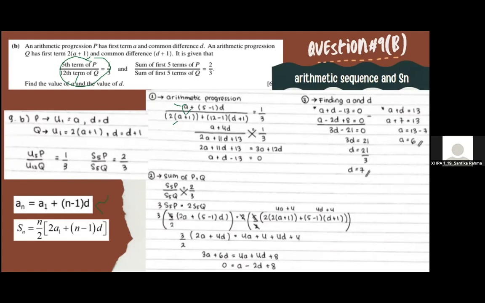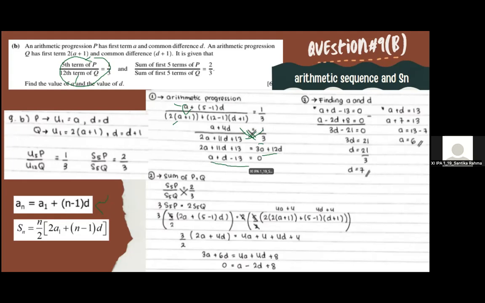We cross multiply these to get 2a plus 11d plus 13, because we multiply this with 1, and 3a plus 12d, because we multiply the a plus 4d with 3. And then we move all of the numbers to one side to get a plus d minus 13 equals 0. This is the first part.